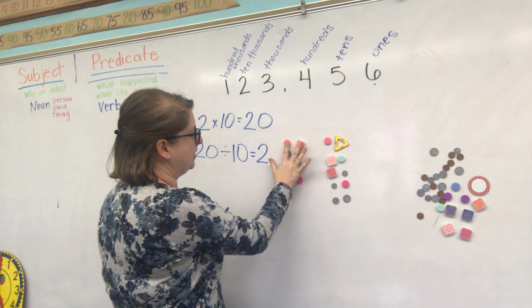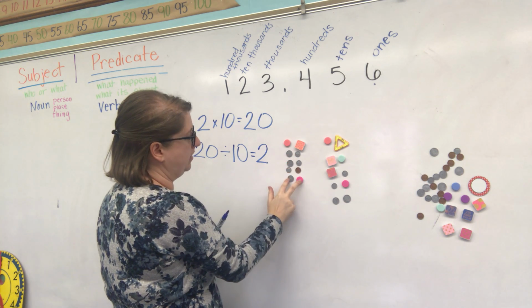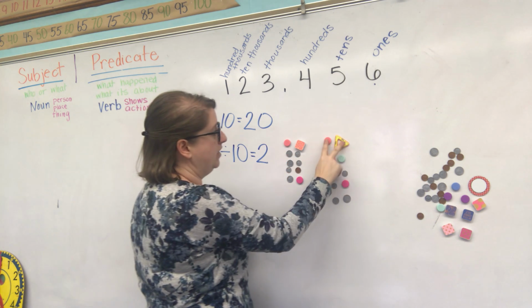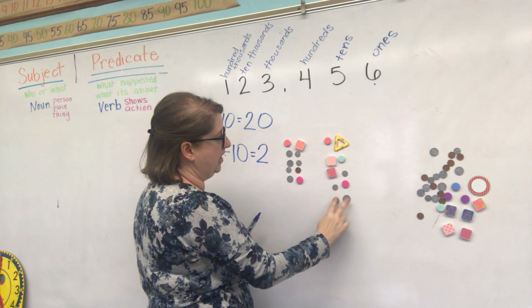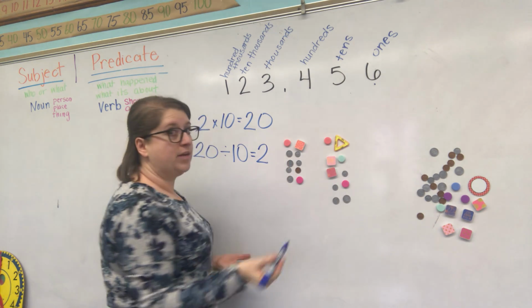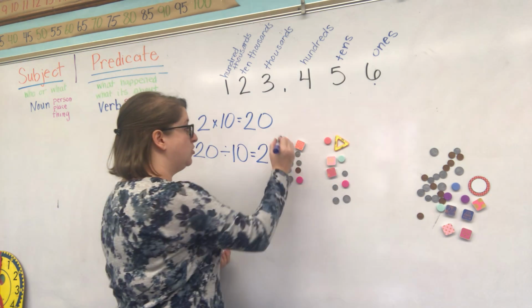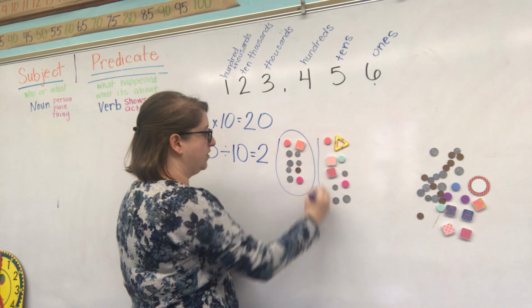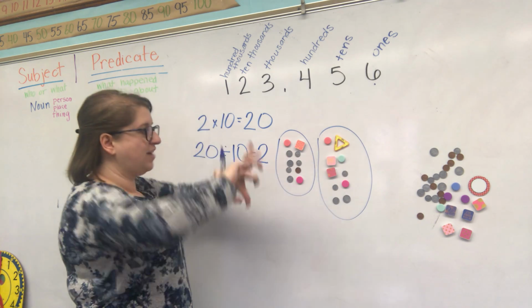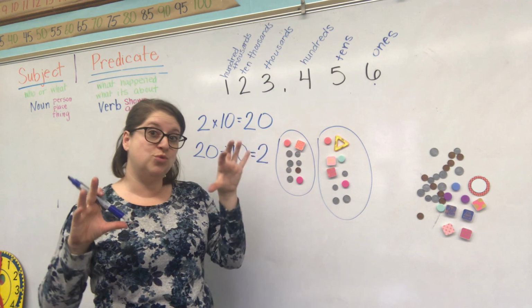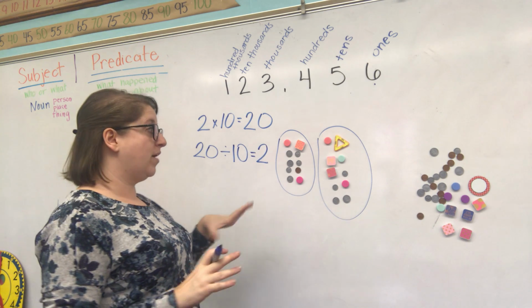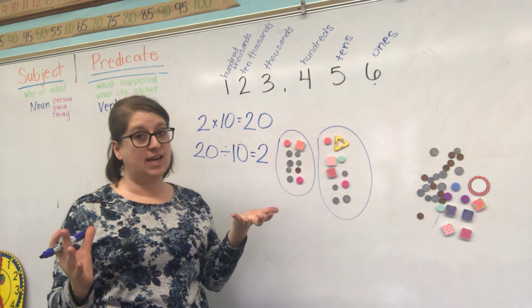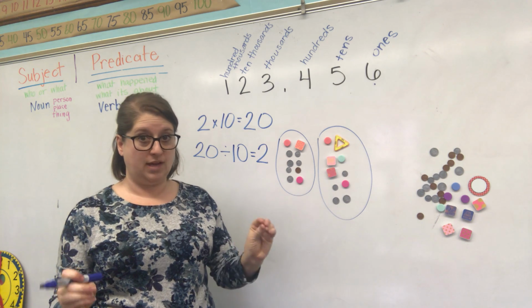I have a group of 10, 2, 4, 6, 8, 10. And I have another group of 10, 2, 4, 6, 8, 10. There's my 20 objects. How many groups of 10 do I have? 2. So I took those 20 and I divided them into 2 groups of 10. All right, so dividing is very much related to multiplying, okay?